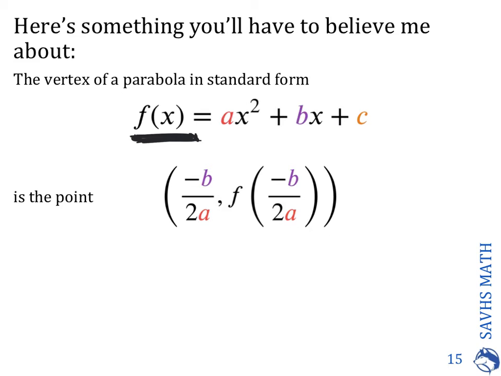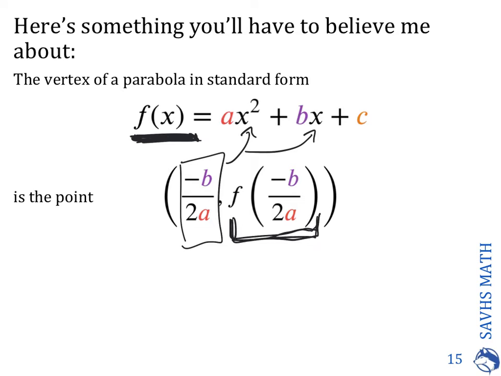And so if you need to find the vertex given an equation in standard form, the x value of the vertex is negative b over 2a. The y value of the vertex is what you get when you put that x value back into x's there. That's what this f of negative b over 2a expression means right there.